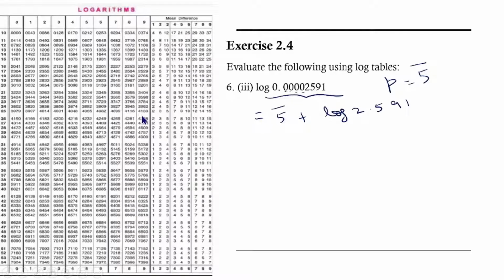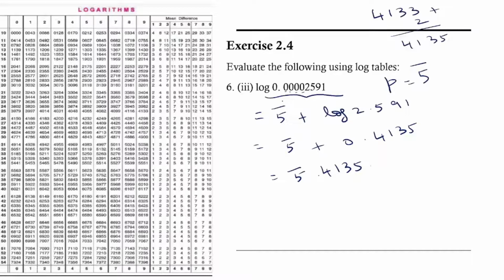So we have to add 4133 plus 2. So it is 4135. So this is equal to bar 5 plus 0.4135, or it is equal to bar 5.4135.